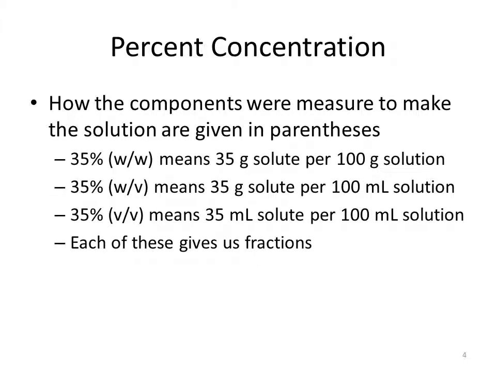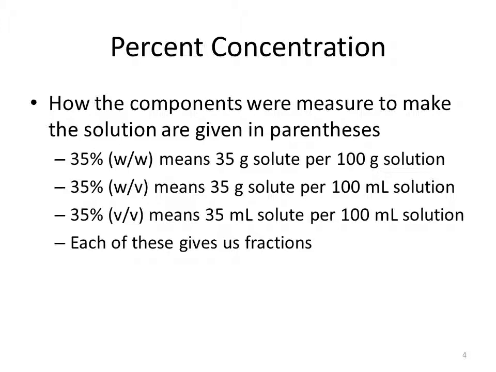Now, after the percent concentration, there will be a designation inside a set of parentheses, either W over W or W over V or V over V. These stand for weight by weight or weight by volume or volume by volume. So when it says 35% weight by weight, it means 35 grams of the solute per 100 grams of the solution.